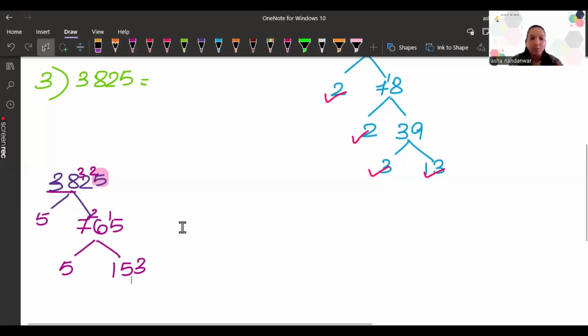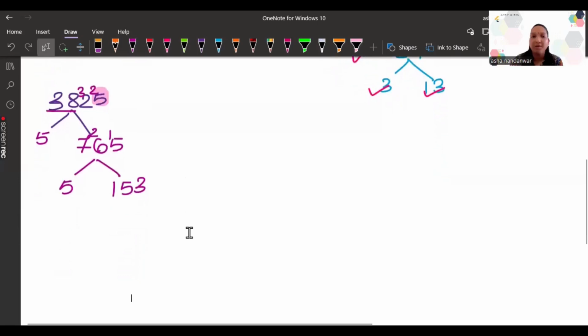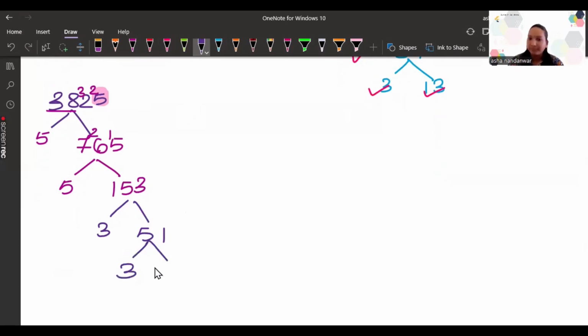567. What is the next number that we can take here? Only a prime number you can take, which goes in only its table. 3. Yes, that's 3. 3 fives are 15. 3 ones are 3. 189. Which table is it going to? Yes, 3 again. 3 sixes are 18, 3 sevens are 21. So 21, 7 threes are 21. 63, and 21 is 3 into 7.